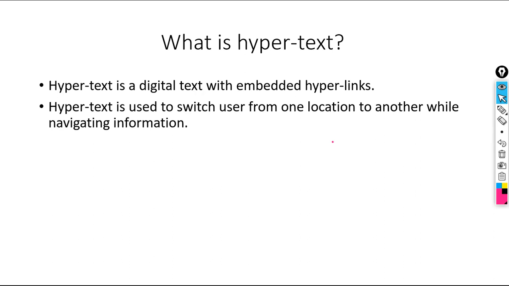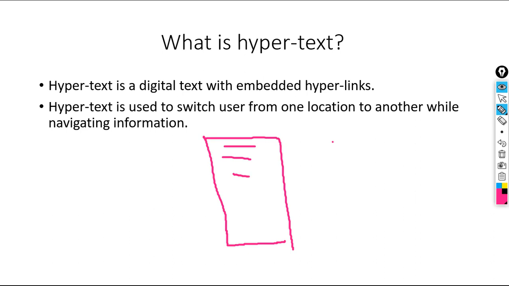For example, suppose you are reading a particular document and this information is huge. The author can give you hyperlinks, nothing but digital text, through which the user can navigate from one location to another in that document for better understanding and to read it in a short span of time.